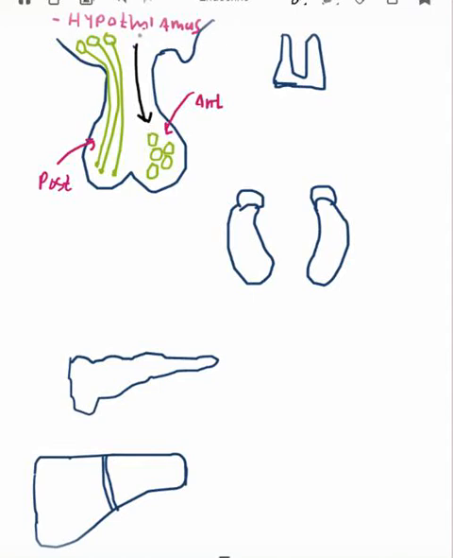And what happens is the hypothalamus will secrete what are known as tropic hormones. Let me just write that. Tropic hormones, and these tropic hormones are circulated from the hypothalamus into the anterior pituitary, and they signal for the anterior pituitary to release hormones. So you can already start to see some of this micromanagement going on, where I have a hormone that tells another gland to secrete a hormone, which tells another gland to secrete a hormone, and so on. So there's a lot of micromanagement going on here.